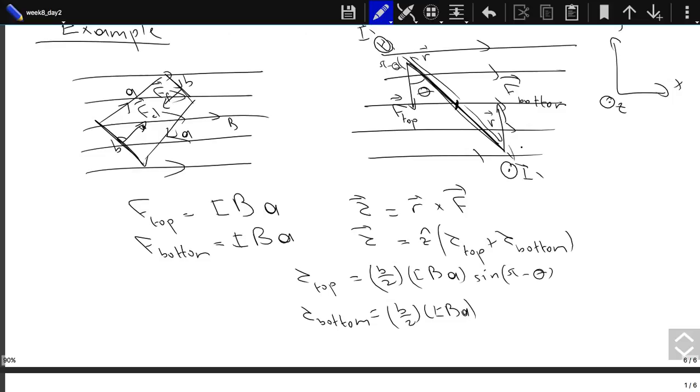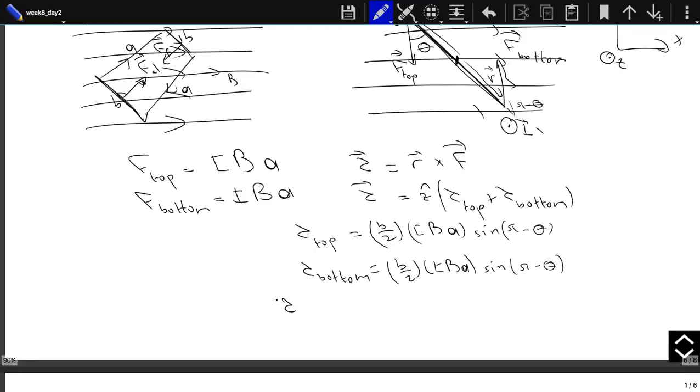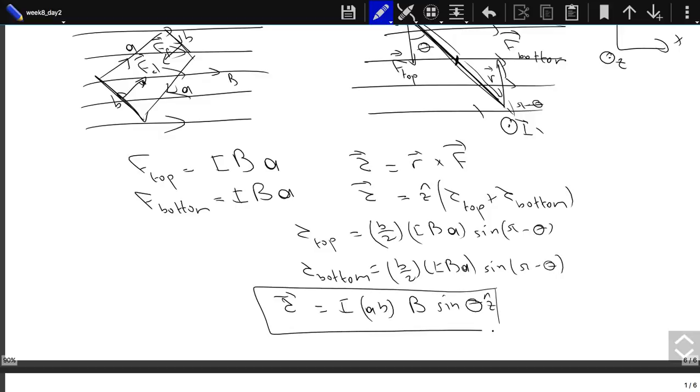This angle over here is again pi minus theta, the angle between R and F. So sine of pi minus theta. So we can write the total torque acting on my object as I times A times B times B times sine theta in the Z direction. Do you agree?